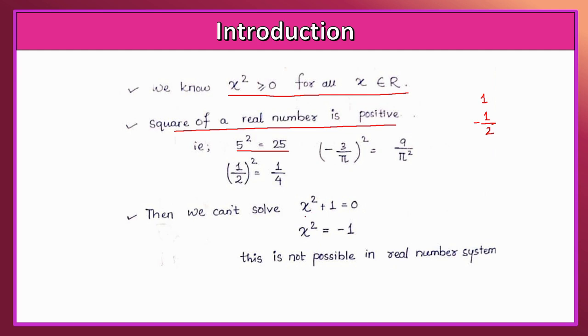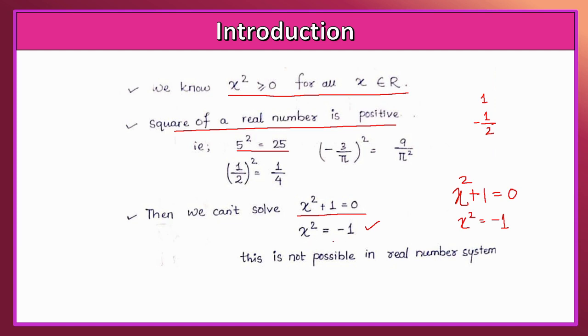Now if an equation is given like this, x square plus 1 equal to 0, and you want to solve this equation, if you take plus 1 to the right hand side, it will become x square equal to minus 1, like it is written here. So it is saying the square of a number is negative.